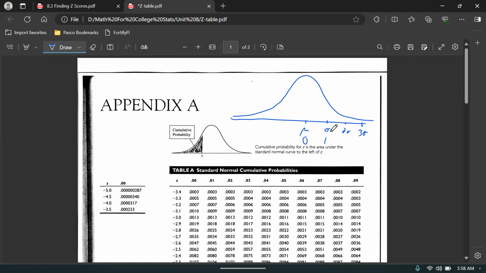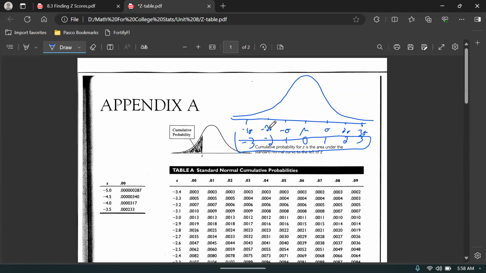Every normal distribution has the mean in the center and a standard deviation somewhere. So you take any distribution at all and you can convert it to the standard normal distribution, which uses this scale. And because it's converted to a universal scale, somebody's already done all the calculus to find the area under a normal distribution on that scale.